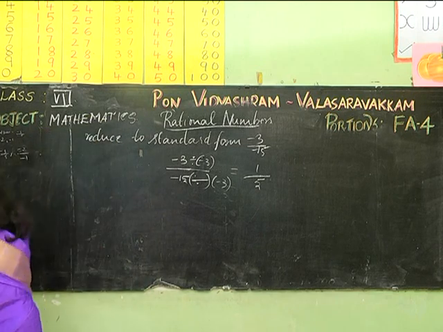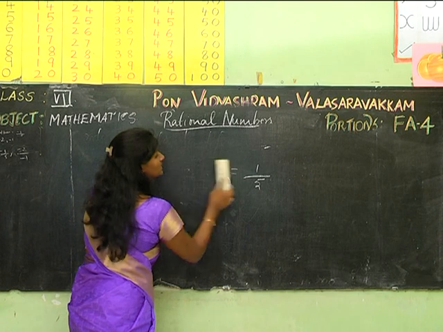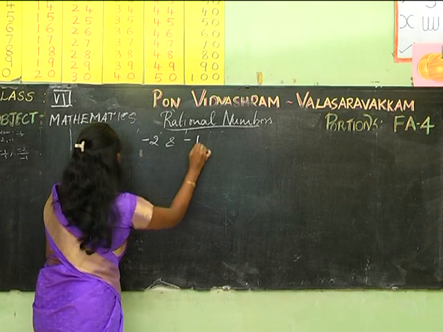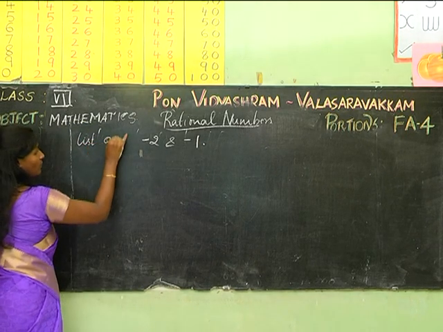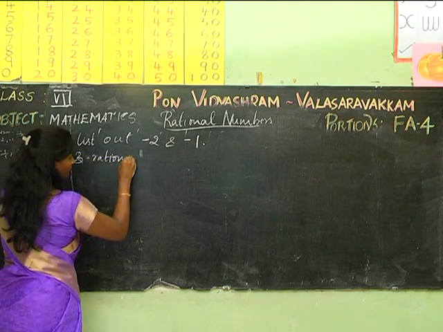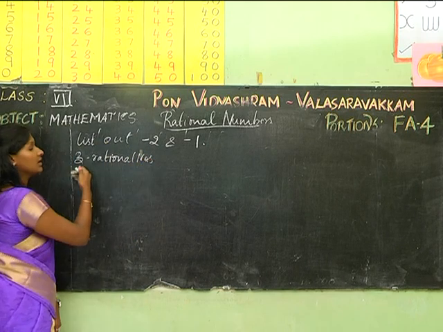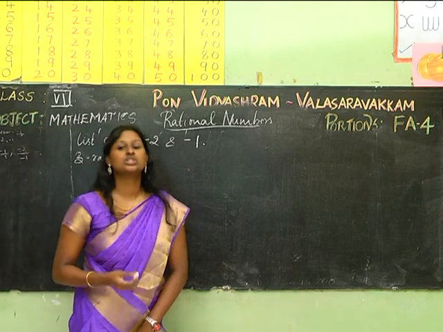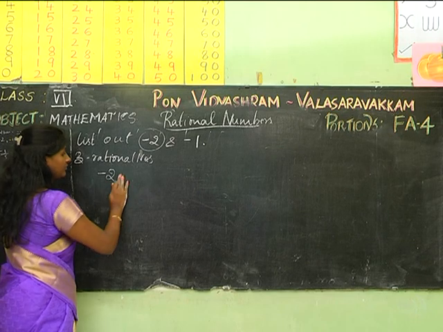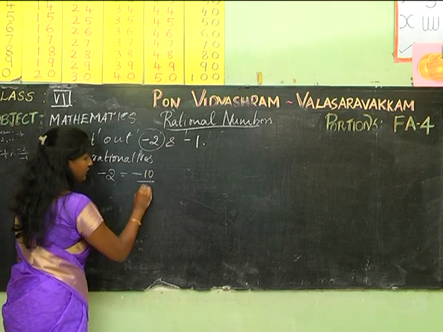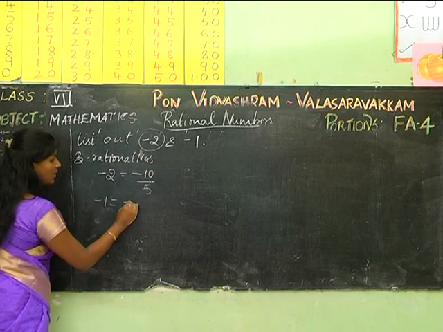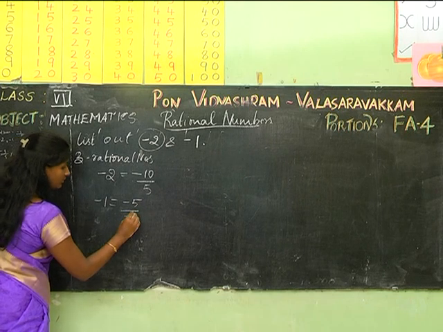Next thing we are going to see is, let me list out some rational numbers between minus 2 and minus 1. So what I am going to do now? I am going to rewrite minus 2 as minus 10 by 5. If I cancel this out, I will get minus 2. And I can write minus 1 as minus 5 by 5.